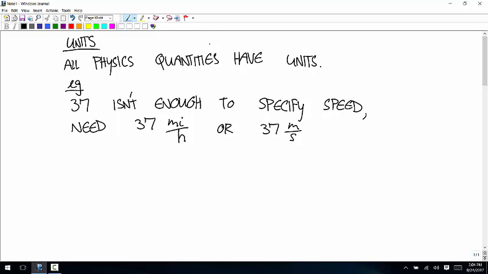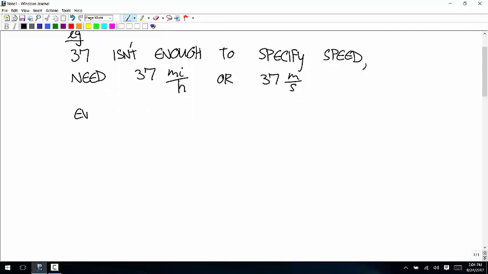Every unit that we're going to use in this class, every physics unit, can be made from just 4 basic units.